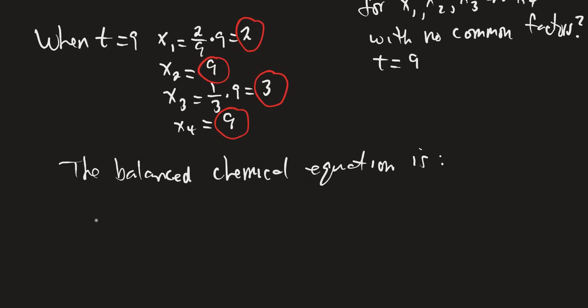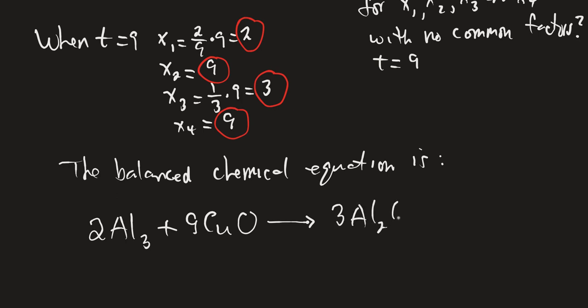So it's going to be 2Al plus 9CuO, and then there's a reaction in the presence of heat, and then it's going to produce 3Al2O3 and then plus 9Cu, right? And we can always check.